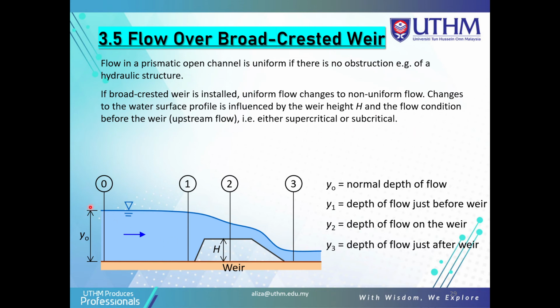At section zero here, the depth is Y normal. Y naught is the normal depth of flow. After the flow goes through this weir, the depth of flow just before the weir, at 1 here, is Y1.